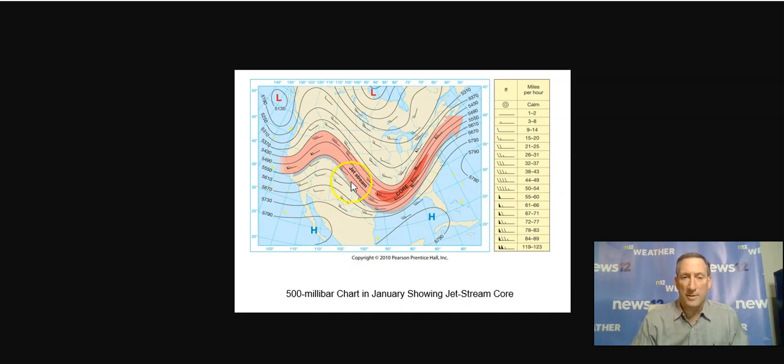So here's your jet stream. The cold air will be to the north. The warm air will be to the south. Notice how there are little waves. That's because high pressure and low pressure will be constantly moving and the wind will flow like little ripples. So cold air to the north of the jet stream, warm air to the south.